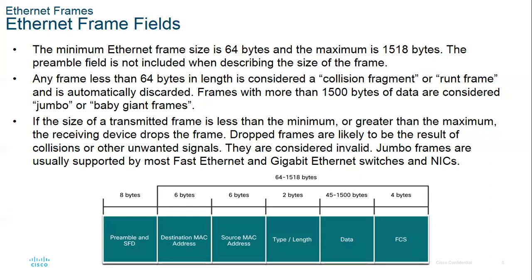So if we look at the frame, we have the first 8 bytes called the preamble and start frame delimiter. These 8 bytes help provide synchronization between the source and destination while using the encoding schema.